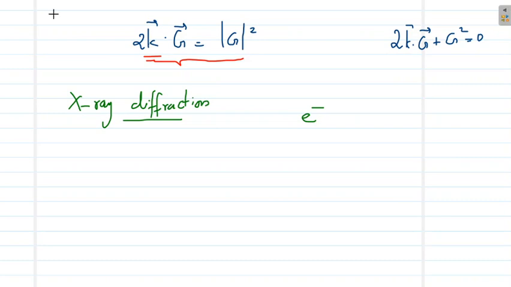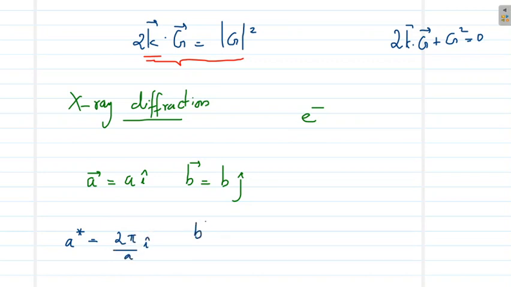So in the case of a two-dimensional square lattice, as we have already seen, the direct translation vectors are a bar equal to a i cap and b bar equal to b j cap. a and b are the same for a square lattice, and if we construct the reciprocal lattice vectors, they are given by a star equal to 2 pi by a i cap and b star equal to 2 pi by a j cap.